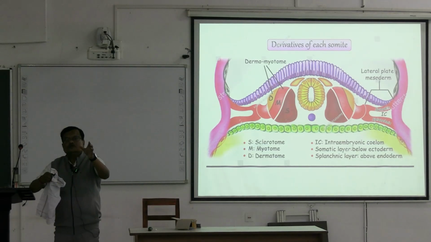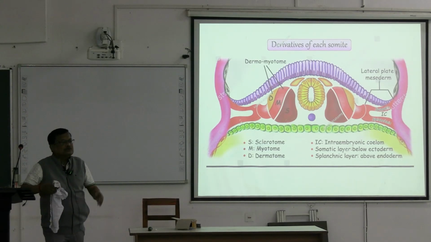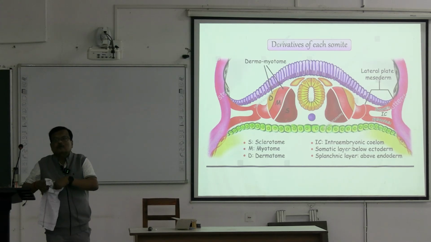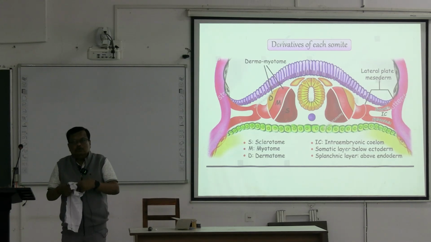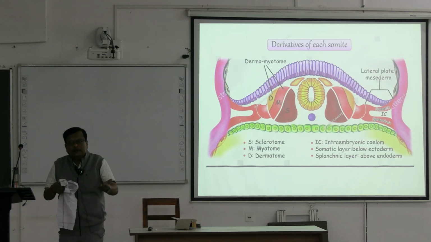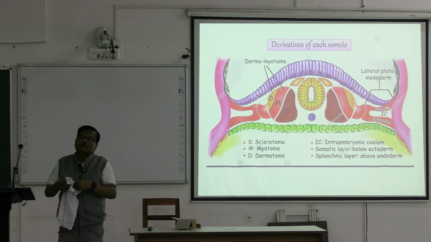Actually, all cavities are initially continuous with one another, but gradually the septum develops and separates them into different cavities. So this intraembryonic coelom ultimately produces the pericardial cavity, pleural cavity and the peritoneal cavity.